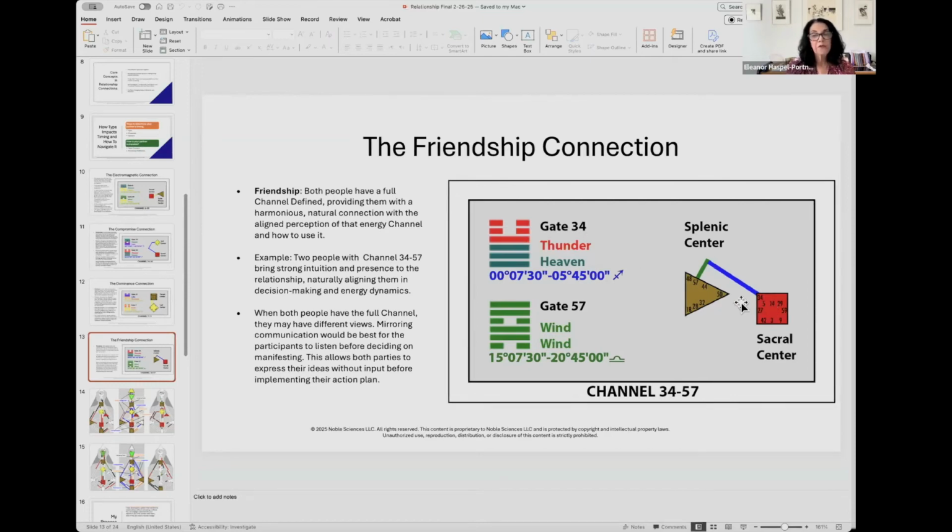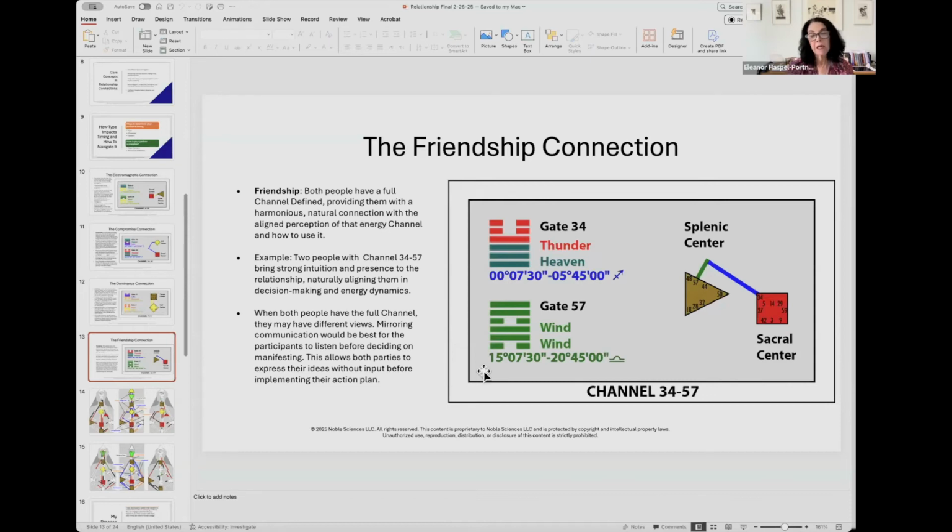Both people with the 57-34 are going to be intuitive, and they're going to have instincts and feel that they want their responses to align with their intuitive sense of what's right for them. So they may have different viewpoints.